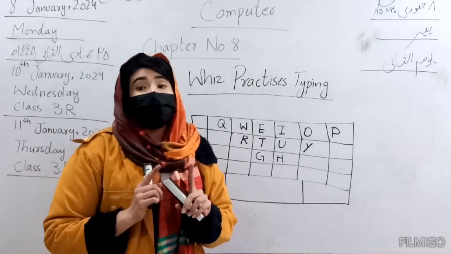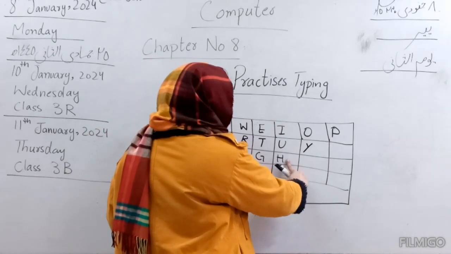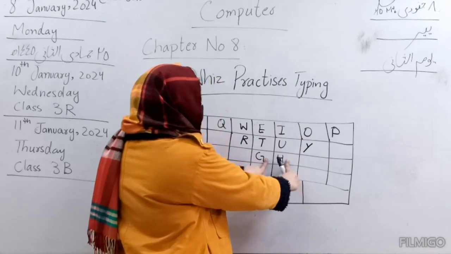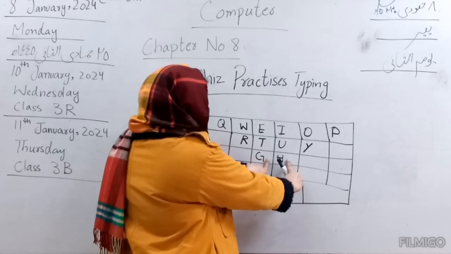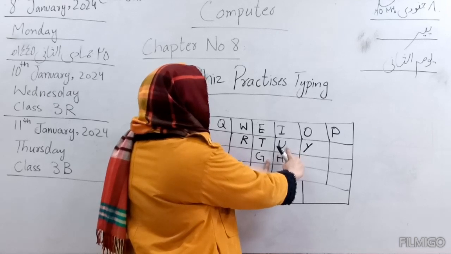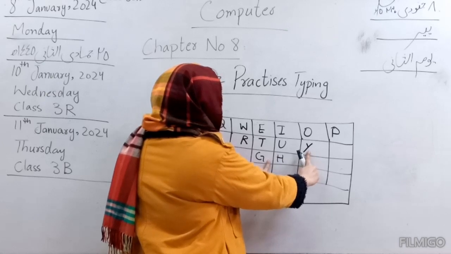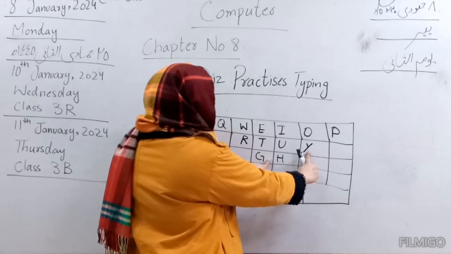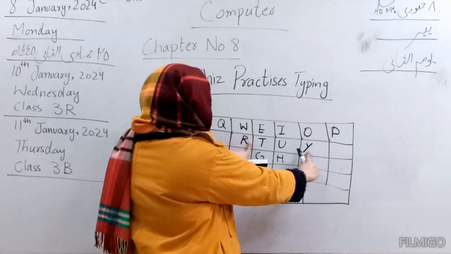Our right hand index finger presses the H key and our left hand index finger presses the G key. After stretching upward, we use our right hand index finger to press U and Y, and to stretch the left hand index finger upward, we press T and R.